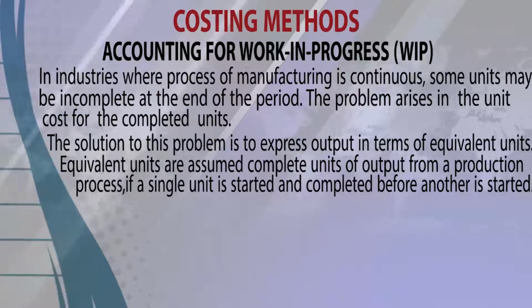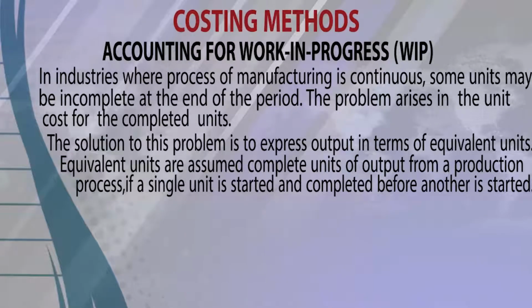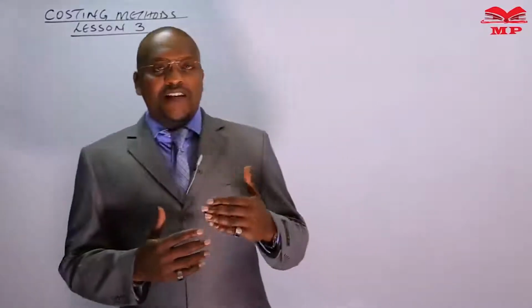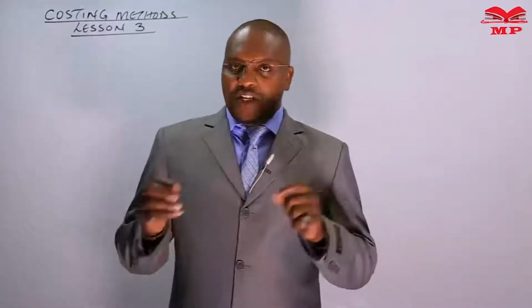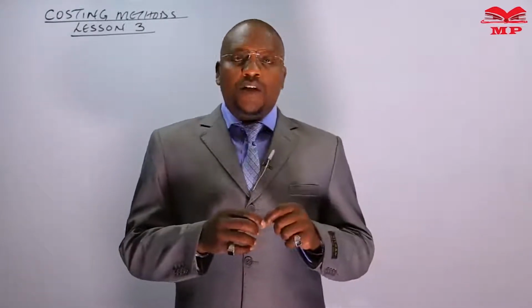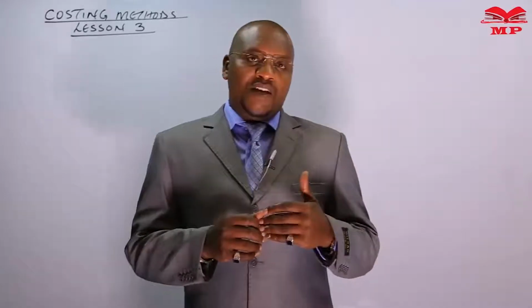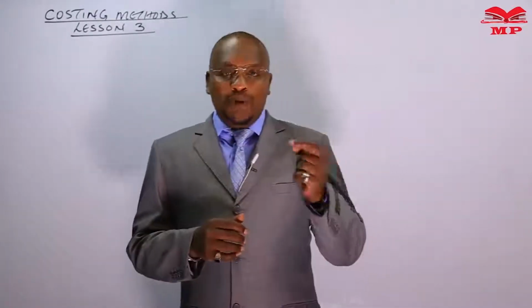If a single unit is started and completed before another is started. The easiest thing we can do is, as we have some physical units on the input, if we balance them with the physical output, some units are going to be incomplete.